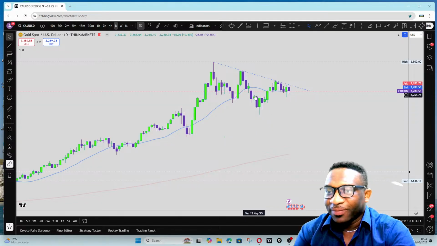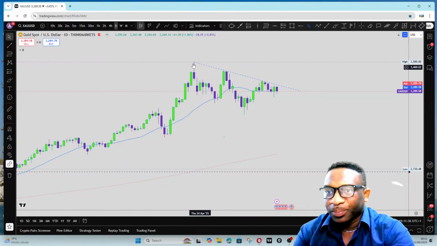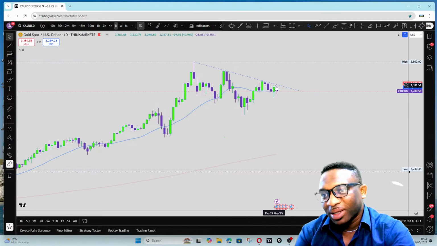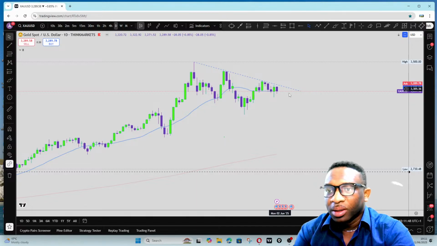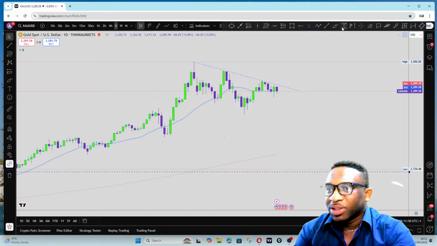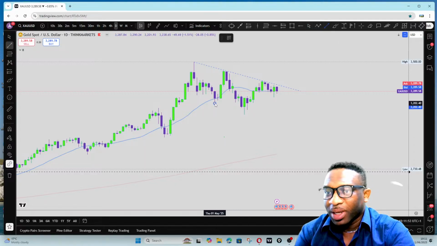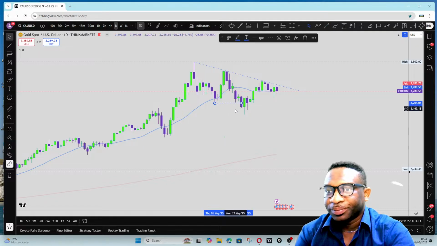What we have here, we had a break. I put this trend line here. Currently, price has been trading to this area and respecting it. The last break of structure we had was this one, where price broke below here.